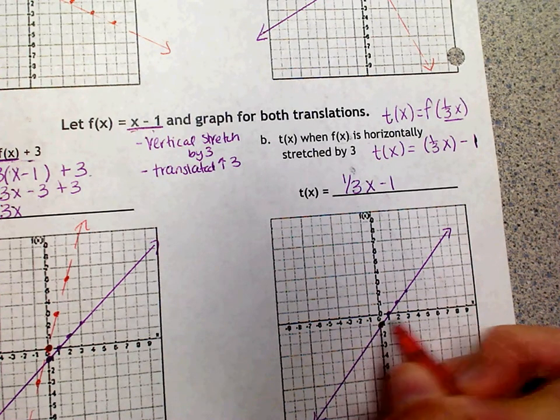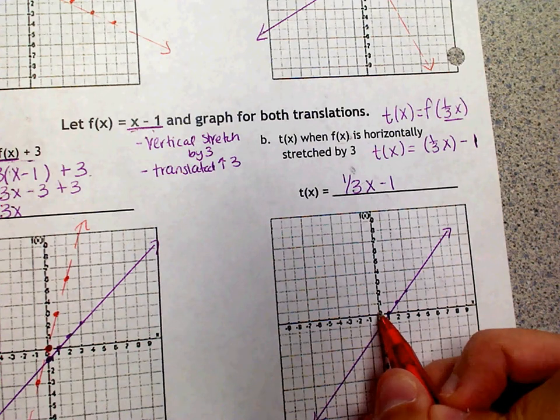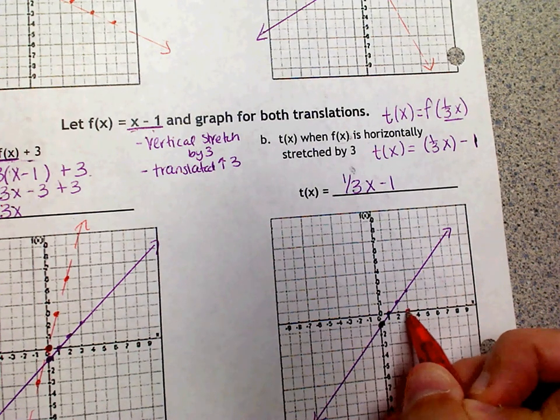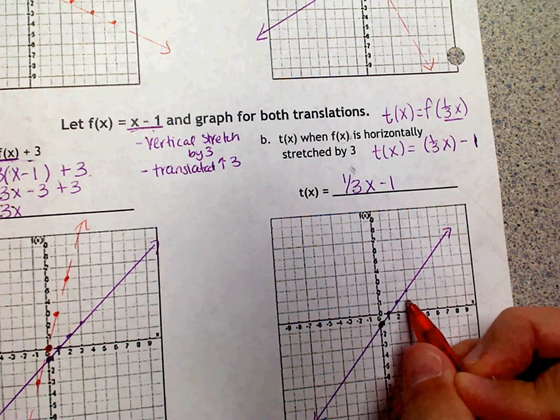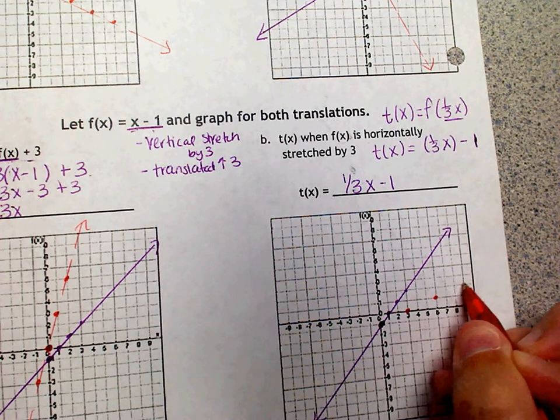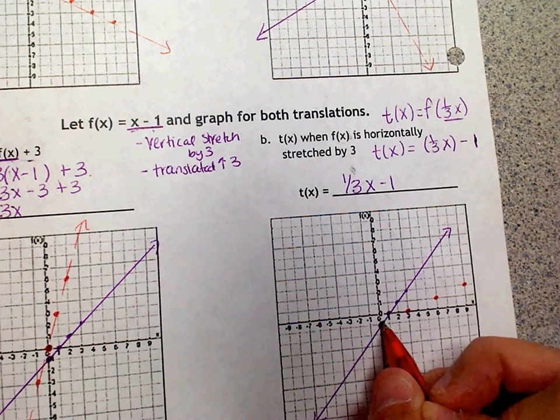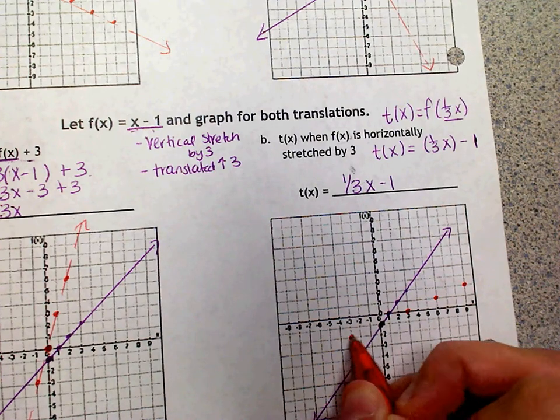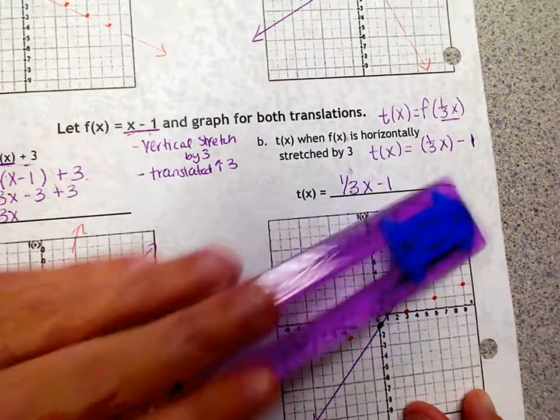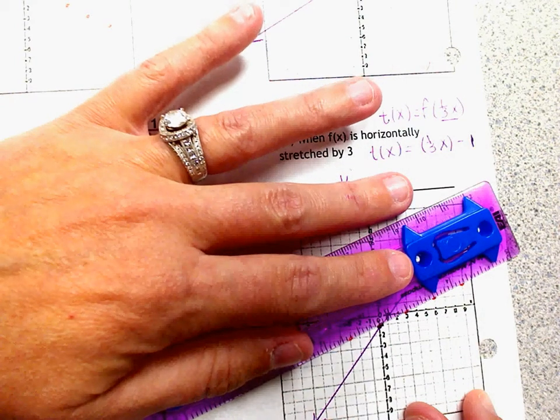But this time we're going to go up 1 over 3 because our slope's 1 over 3. Up 1 over 3. We could also go down 1, backwards 3. And we're going to make this one a dashed line.